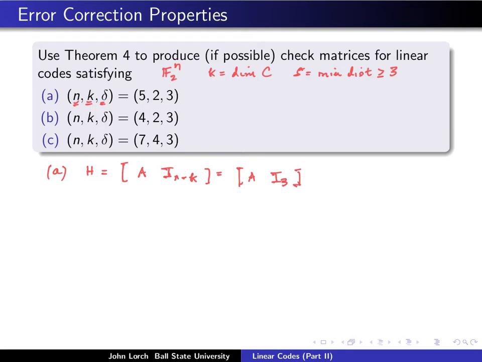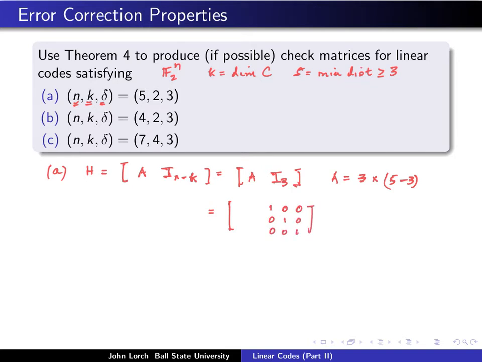Well, remember that this matrix H has n columns. So A is going to be 3 by 5 minus 3. Right, it needs to have those dimensions in order for the matrix H to have 5 columns total. All right, so that means that this matrix is going to look something like this. So I3, remember, is the 3 by 3 identity matrix.